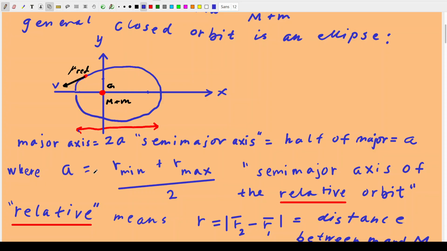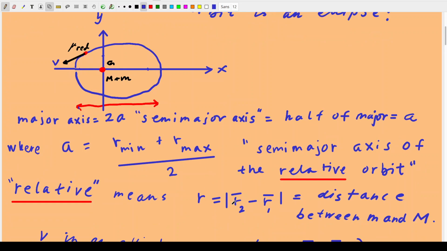For example, if you look at this orbit here, then there is a distance here, which is rather large, isn't it? And if you look here, it's a smaller distance, distance r. And the distance here is from the center of mass, from this fixed point, to the reduced mass.